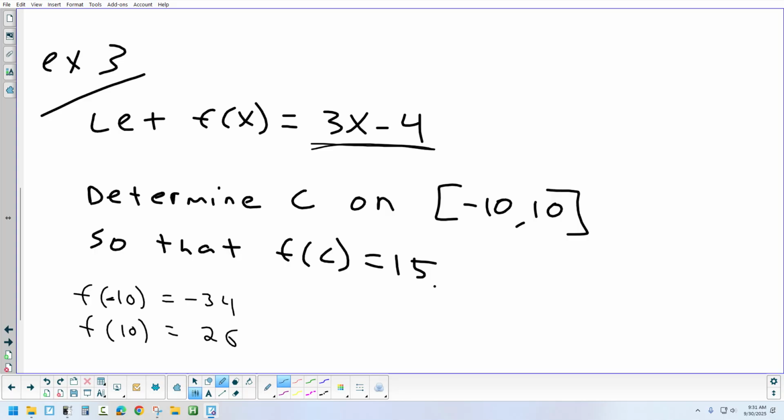So what y values am I guaranteed to go through as I travel along that line from an x value of -10 to an x value of +10?